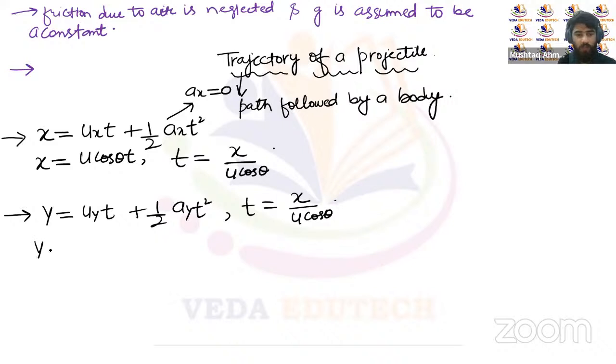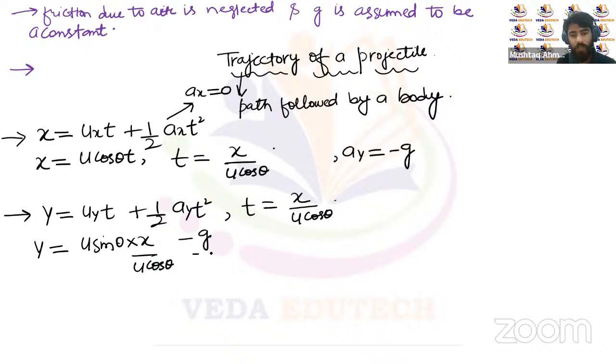We get y equal to uy, which is u sin theta, times t, which is x upon u cos theta, and ay is the acceleration due to gravity, equal to minus g, so minus g upon 2, and t square will be x square upon u square cos square theta.